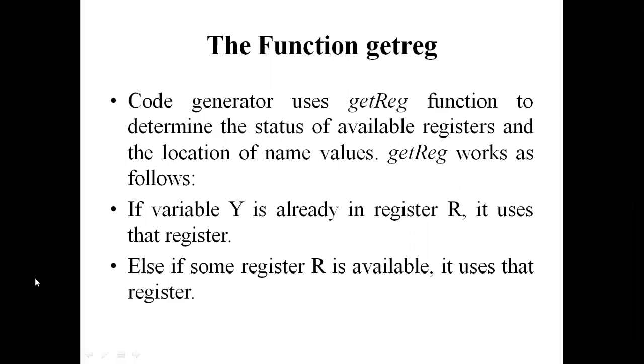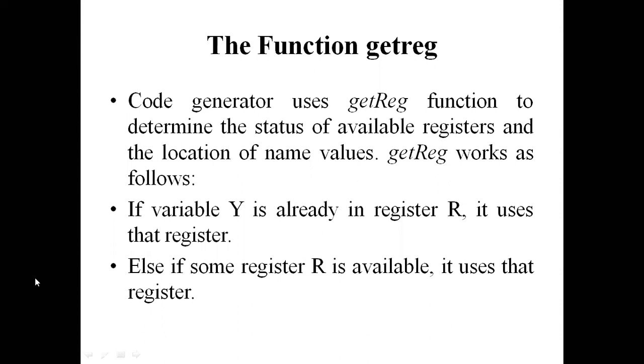One thing you need to note down is why we are using this get register function: only for determining the status of available registers and the location of name values. For determining the available registers, that means to know which registers are free and which registers are not free, we need to know that information.